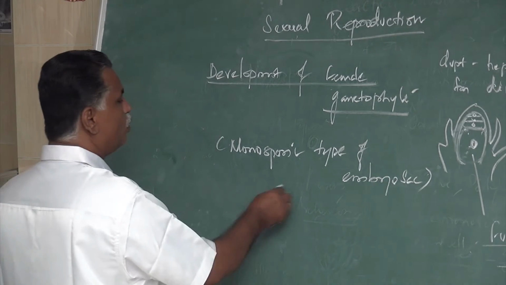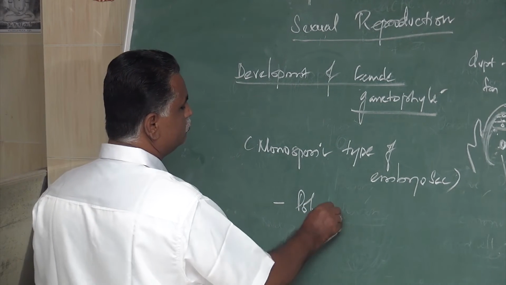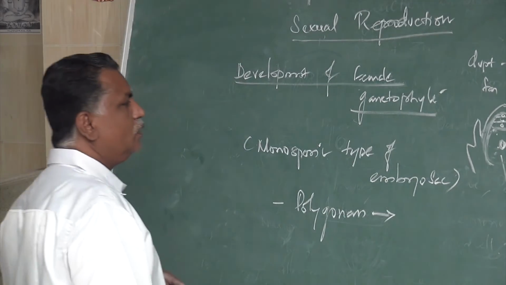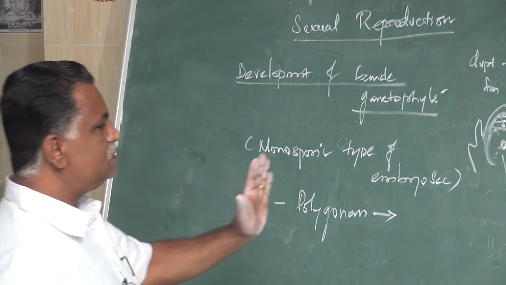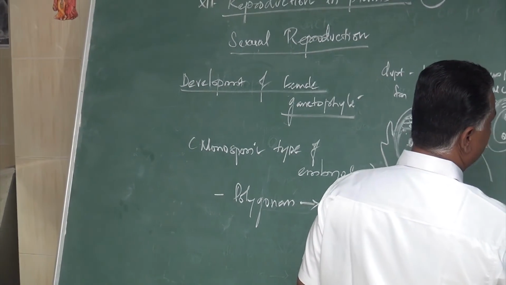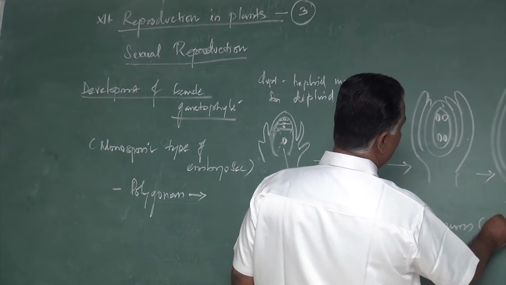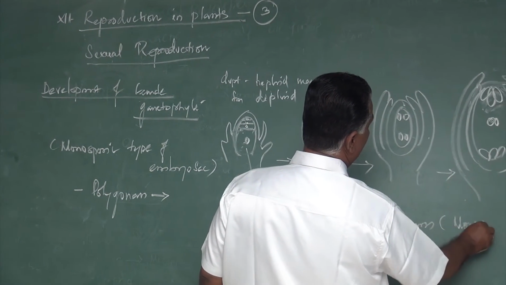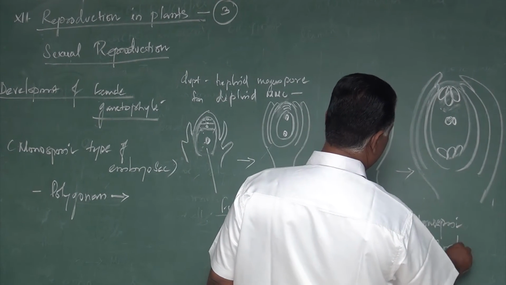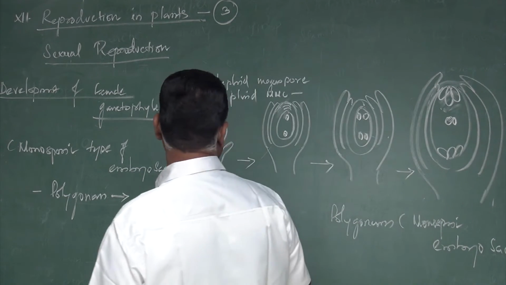Monosporic type of embryo sac is found in Polygonum, so this is also called Polygonum type of development of embryo sac.